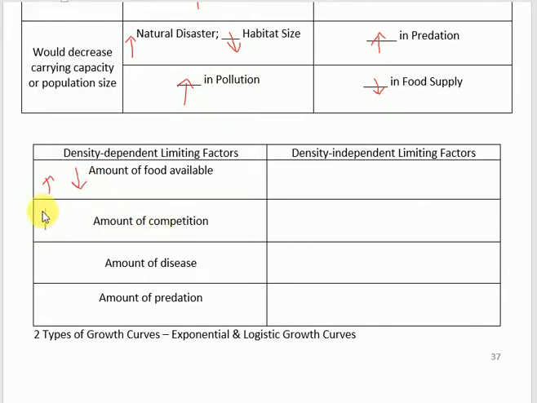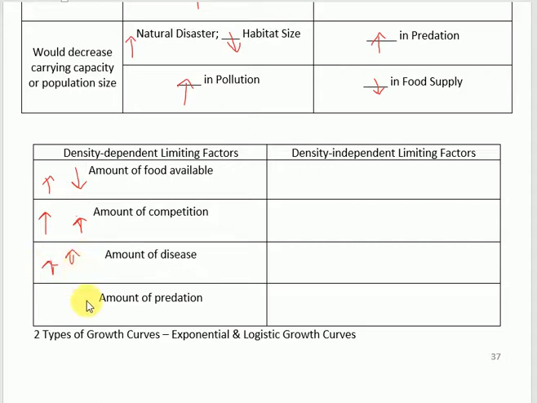If we have an increase in the population, we are going to have an increase in the amount of competition. And same thing for disease. It would be an increase in population, increase in disease. As well here, if we have an increase in population, we will have an increase in the amount of predation.